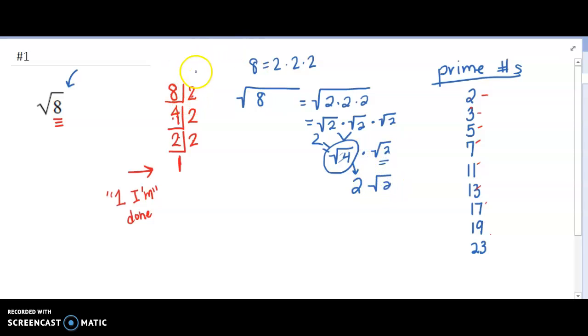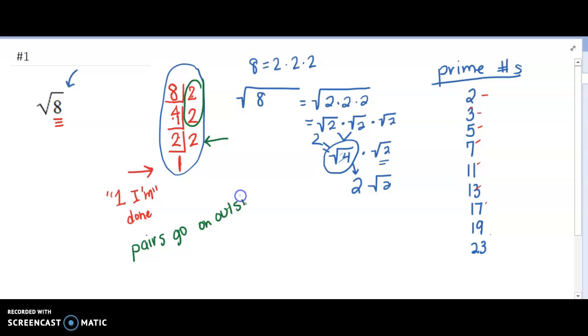So I'm going to go back to right here. I'm going to circle my pairs. Well, I have a pair of 2's and a leftover 2 that doesn't have another 2 to be paired with. So pairs go on the outside and leftovers go in the fridge.